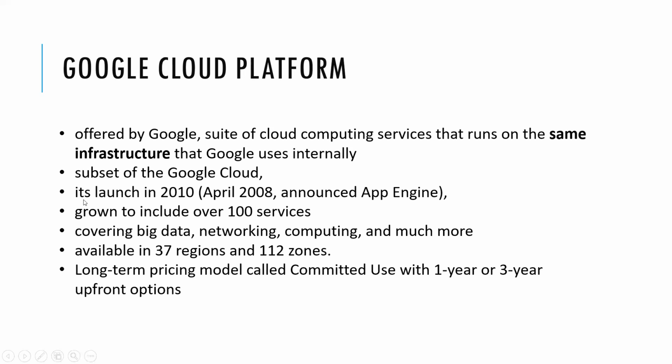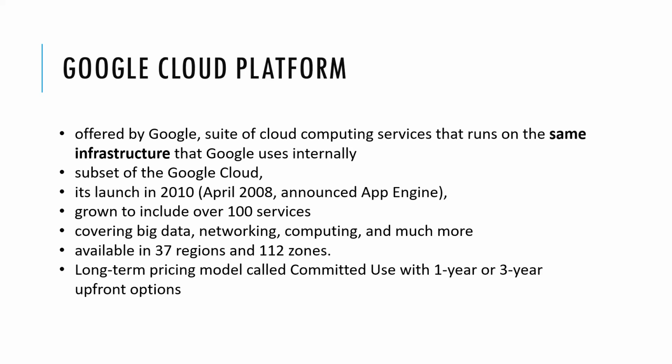Now Google has grown very much into more than 100 services, which span many areas which we have just discussed, maybe big data, networking, computing, and much more actually. It has a presence in 37 regions and 112 zones.